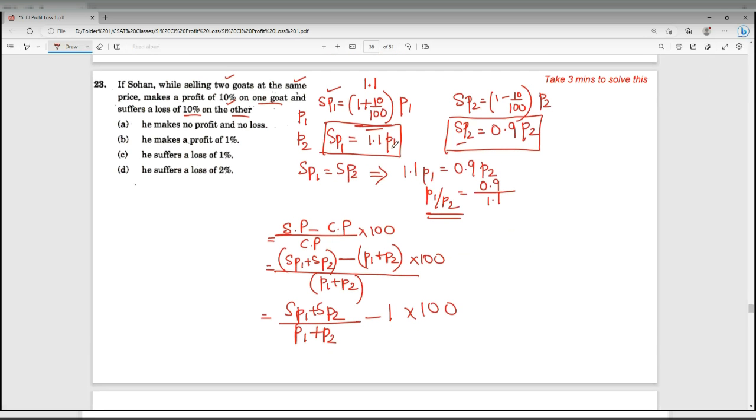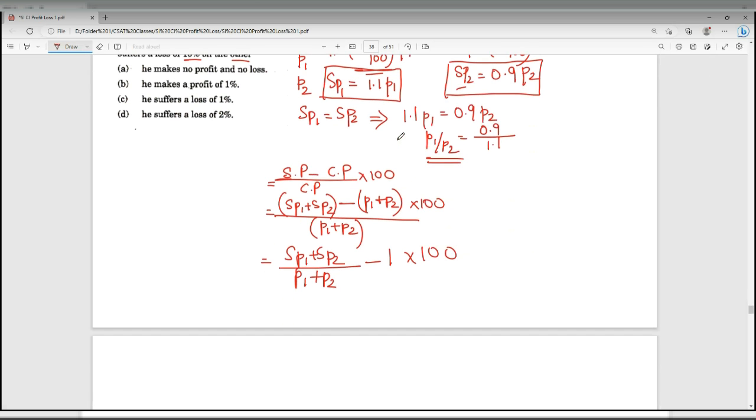SP1 is equal to 1.1 P1. This is written like this: 1.1 P1 plus SP2, which is 0.9 P2, divided by P1 plus P2, minus 1, into 100.